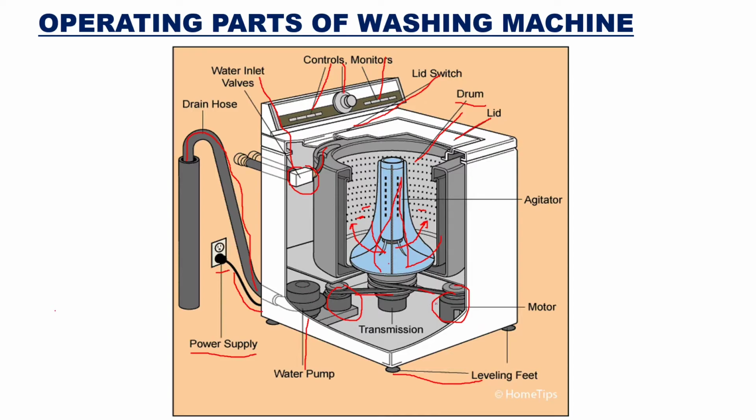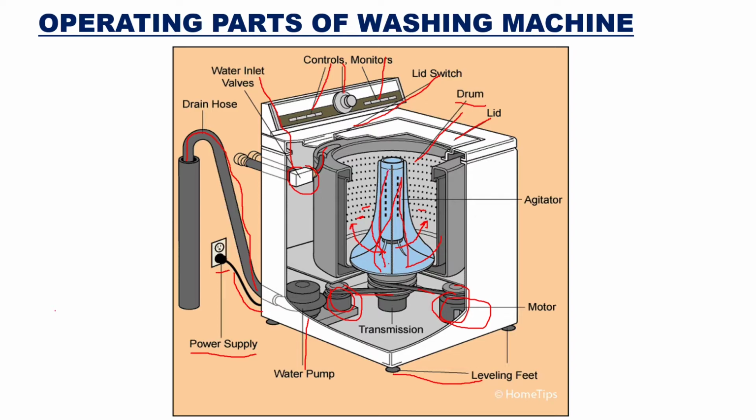the motor here and the motor here, this is the motor and this is the motor. Both motors will start and they will work turn by turn. One will go clockwise and then anti-clockwise. That clockwise and anti-clockwise movement is transferred through the belt to the agitator. Now this is your agitator.